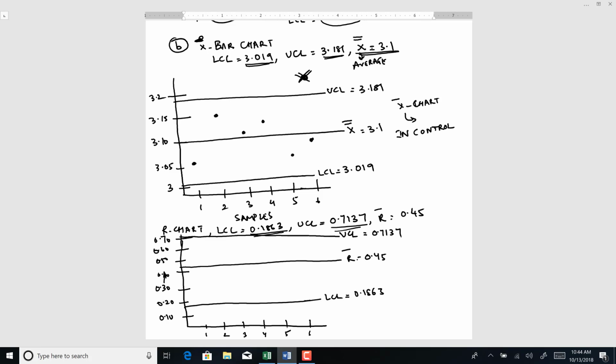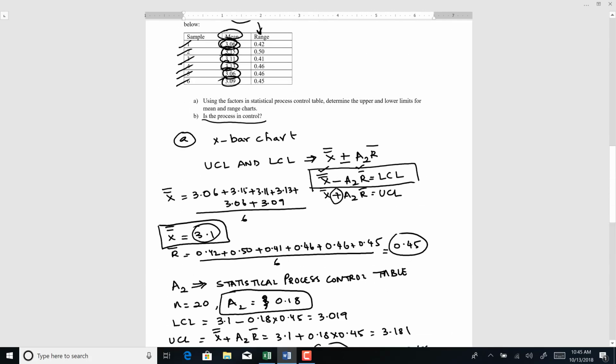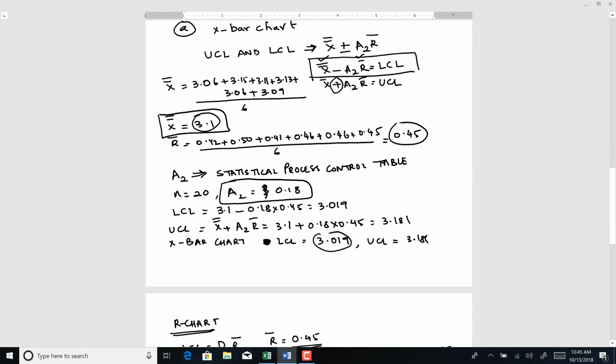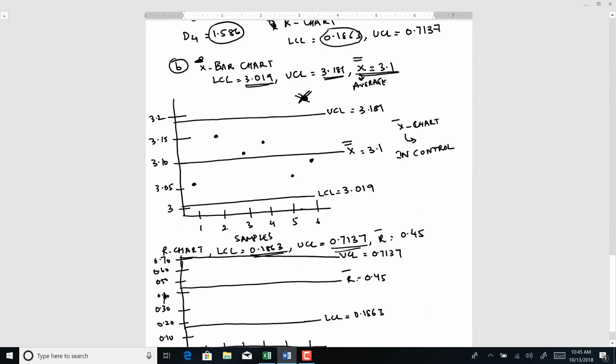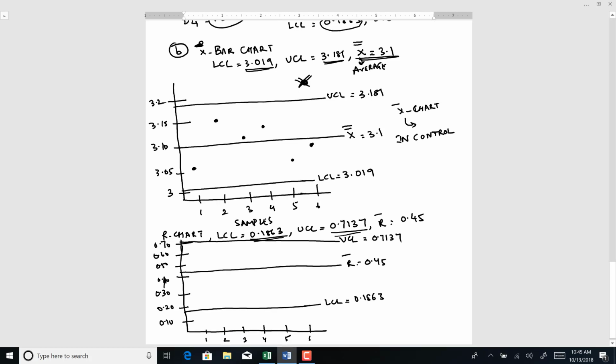So I will go back and look at the data set again. Sample 1 is 0.42, so 0.42 will be somewhere here.